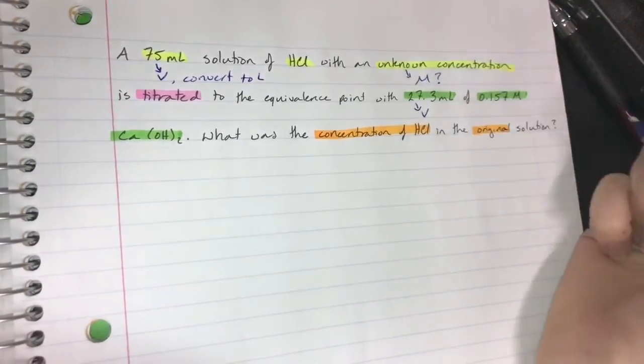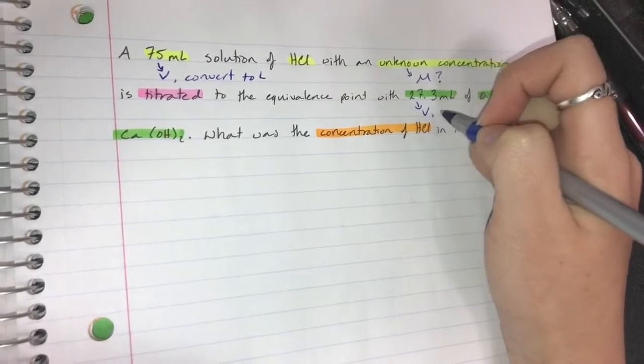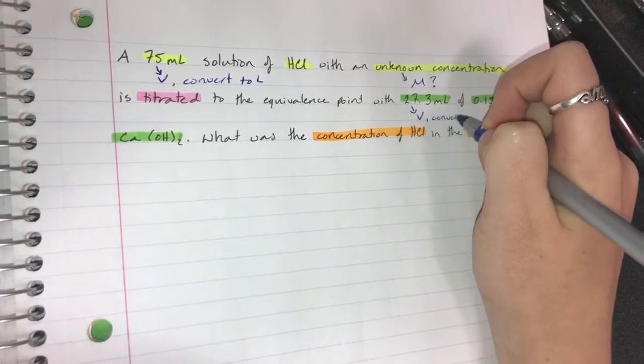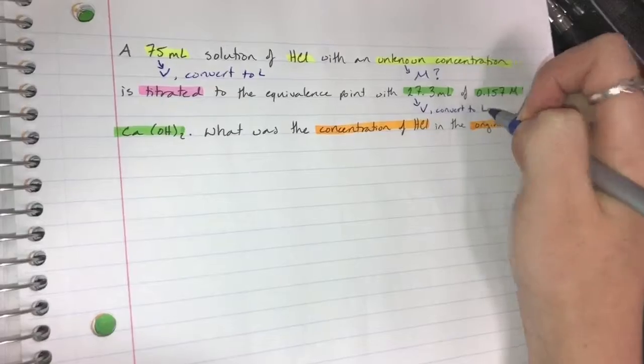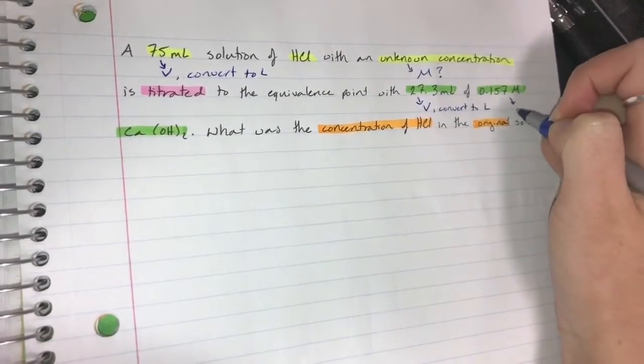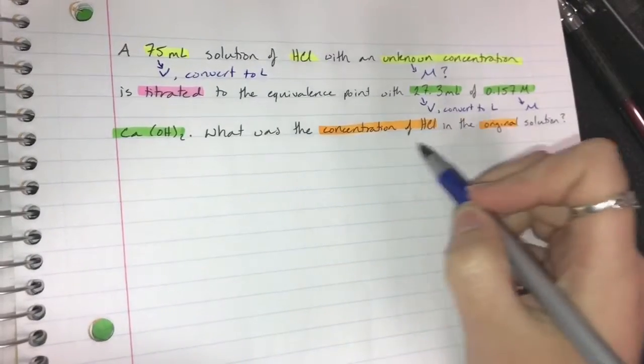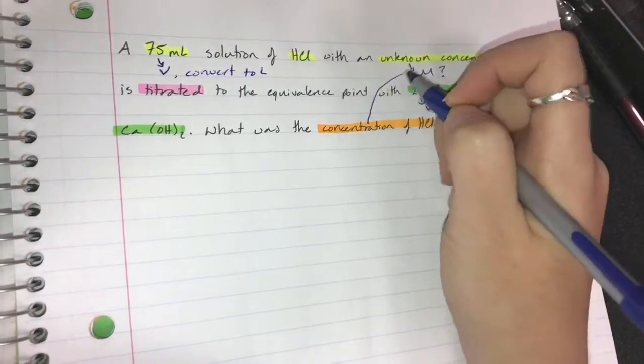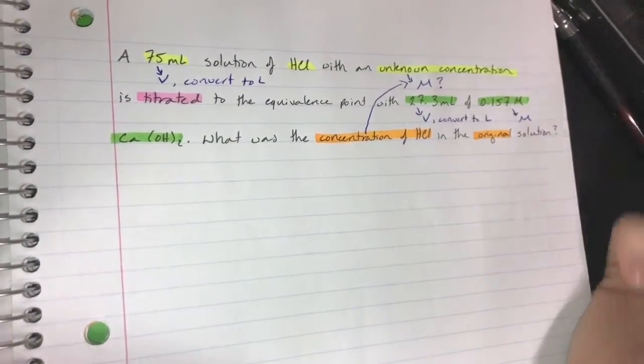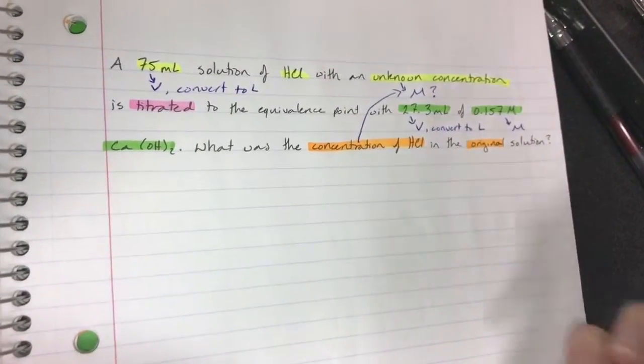This is going to be our volume of calcium hydroxide, and we also need to convert that to liters. And this is the molarity of calcium hydroxide.